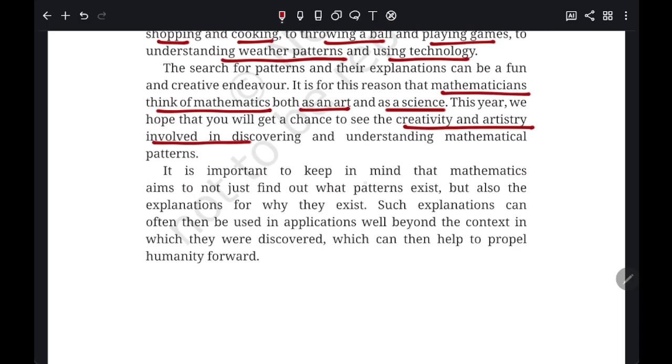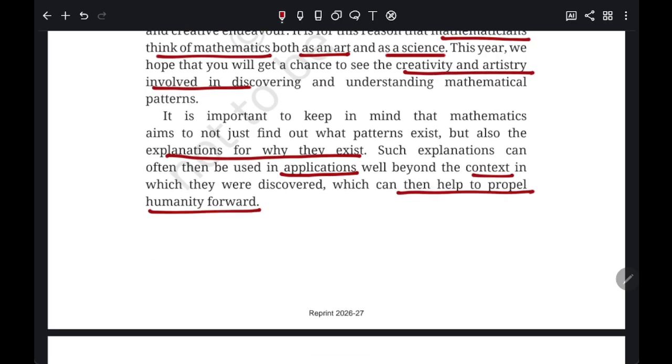It is important to keep in mind that mathematics aims to not just find out what patterns exist, but also explain why they exist. Such explanations can often then be used in applications beyond the context, and help to propel humanity forward.